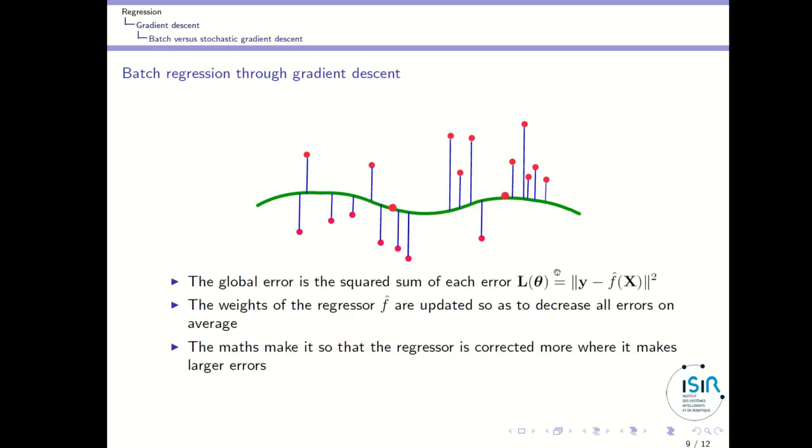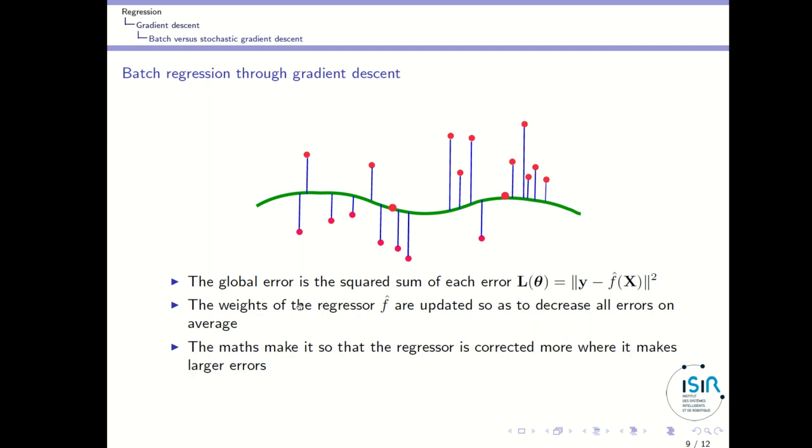Now, how can you perform batch regression for gradient descent? That corresponds to the first slide that I have presented. So now I have a set of points corresponding to my function. I have a first guess, which is my model parameterized with a first value θ1. And now I want to minimize this error.